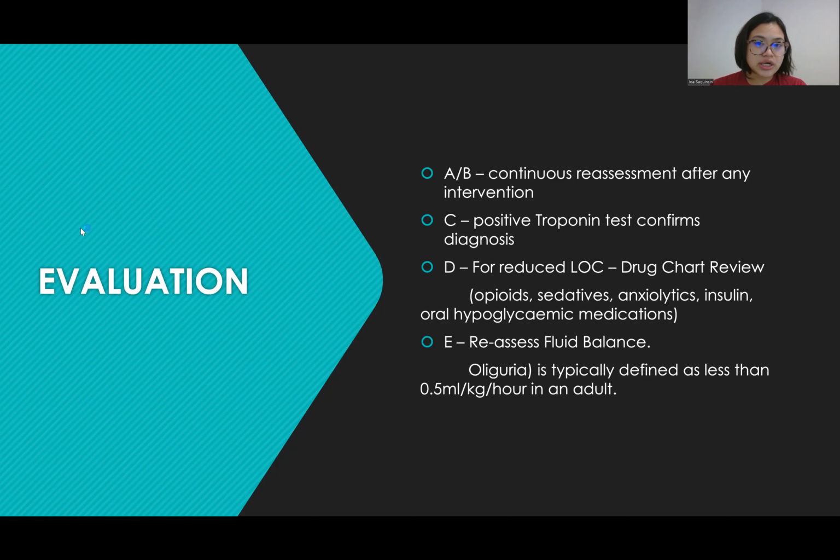Troponin is a cardiac biomarker. It's a protein complex involved in muscular contraction, and there are 3 types: troponin C, troponin I, and troponin T.